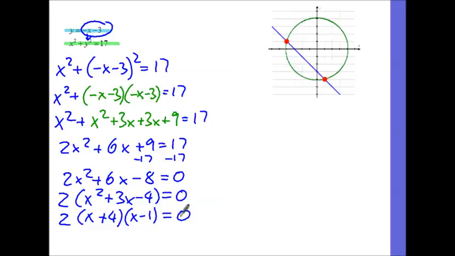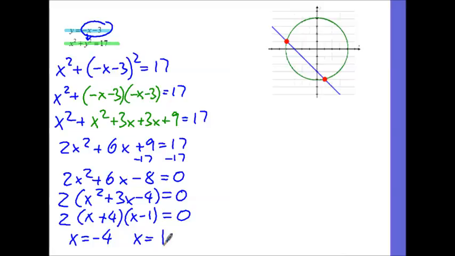Therefore, our factors are x plus 4 and x minus 1, which means our solutions are x is equal to -4 or x is equal to +1. Always remember, we have to flip the sign to get the solutions.